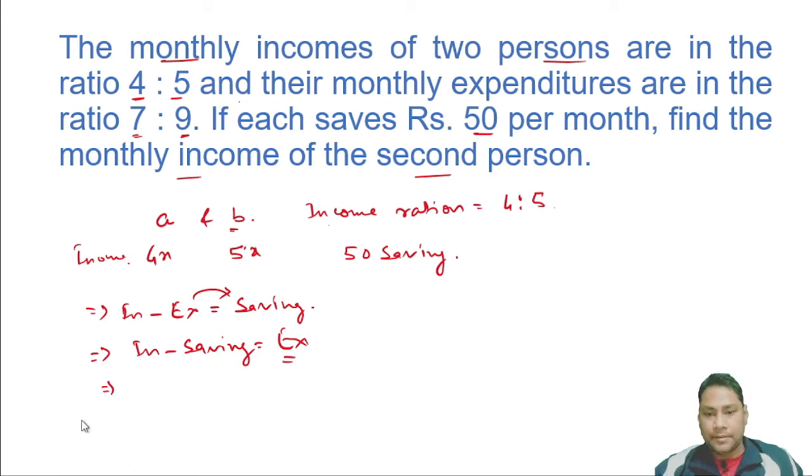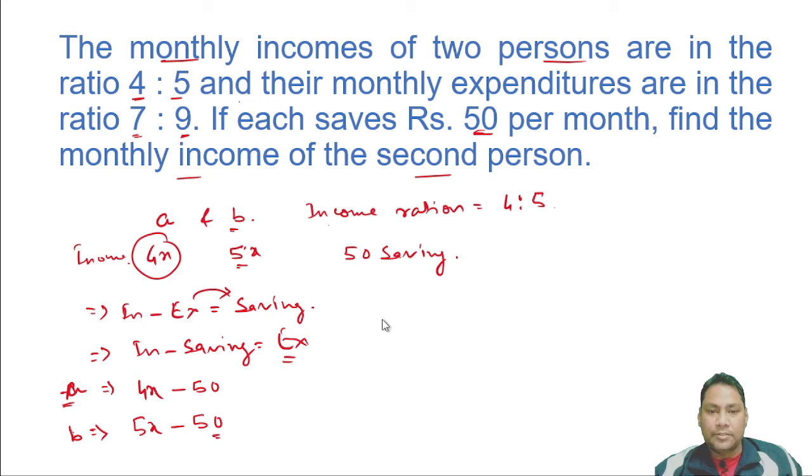For A, income is 4x, saving is 50, so the expenditure of A will be 4x minus 50. Likewise, the expenditure of B will be 5x minus 50.